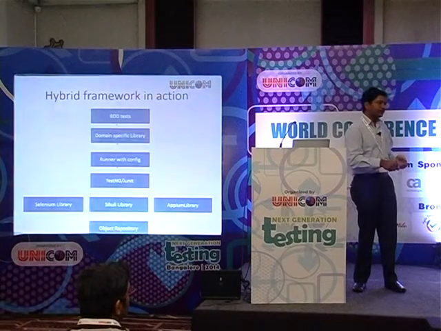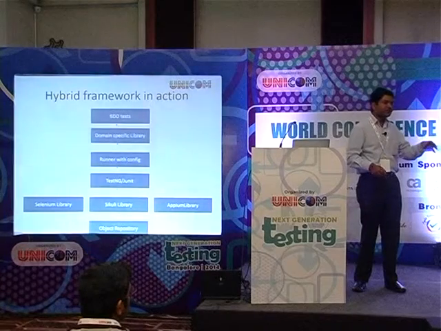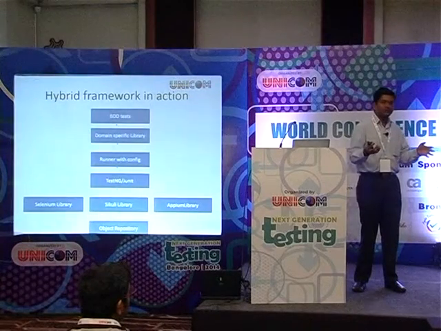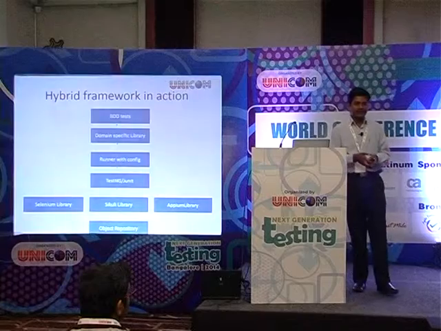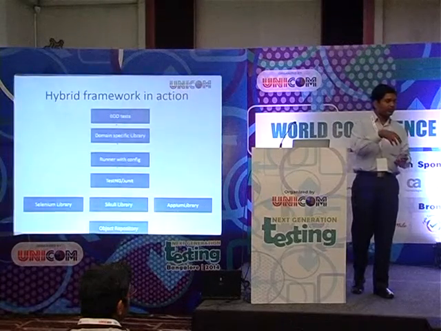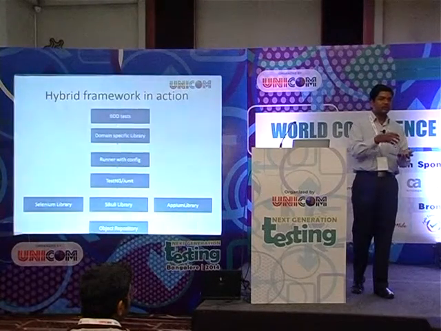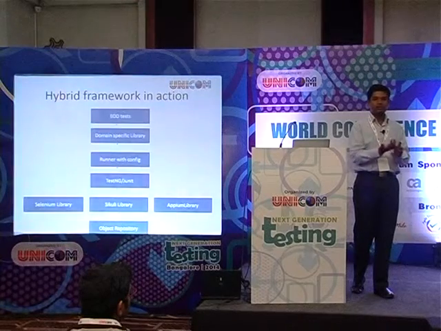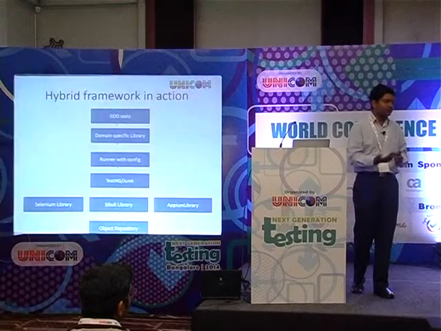So is there any way for us to make the object repository common across all the platforms? One of the solutions could be, for example, you have your app running, you have your web running, and you have your web on your smaller devices like your smartphones running.